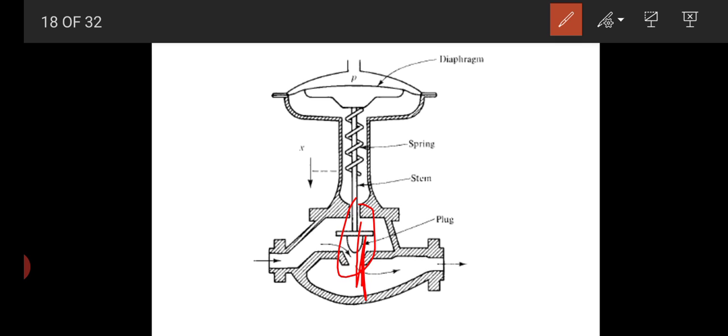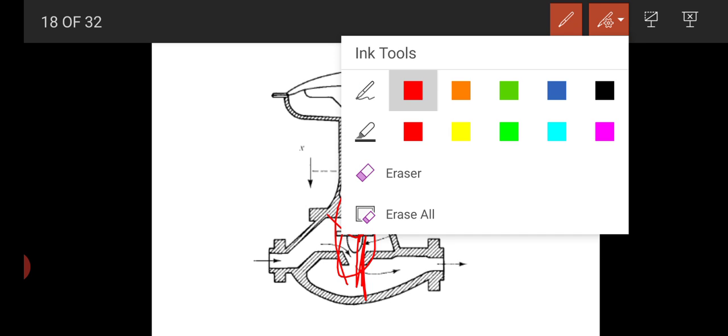The position of the stem is determined by the balance of the forces acting on this stem, or plug. These forces basically decide the position of the stem. So what are the different forces acting on the plug? That is the main problem, and we have to understand these things.